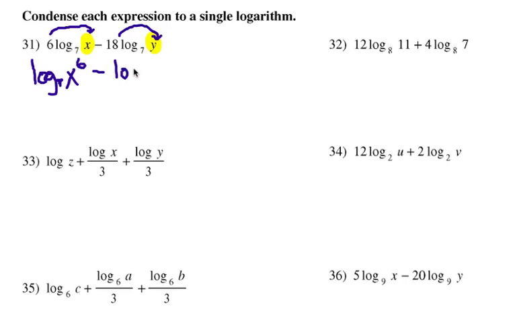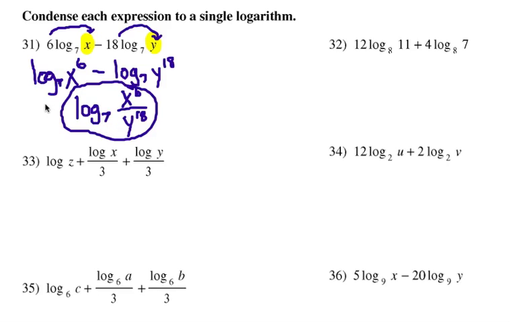So now we have log base 7 of y to the 18th. Alright, so we've taken care of the exponent part. Now we focus on the subtraction, and what does that mean? Right, that's going to be a quotient. So we compress it together using a quotient or a fraction. So there's your final answer. Now let's move on to the other problems and see how you did.